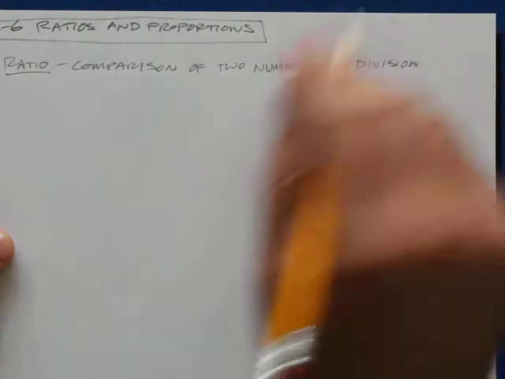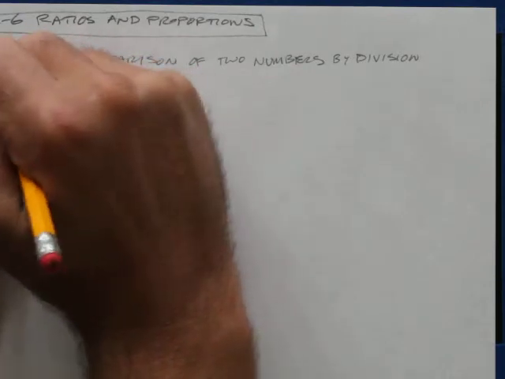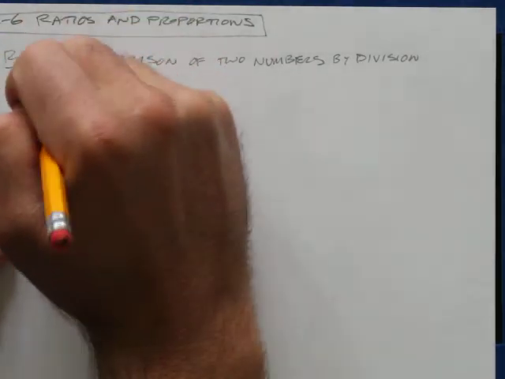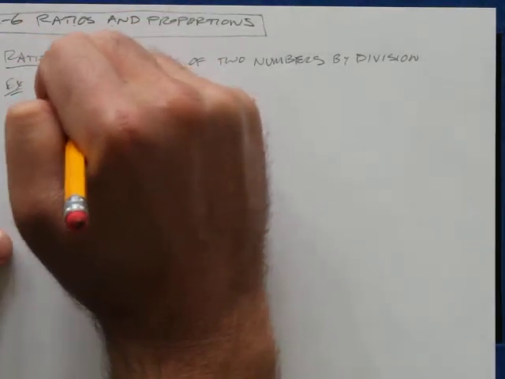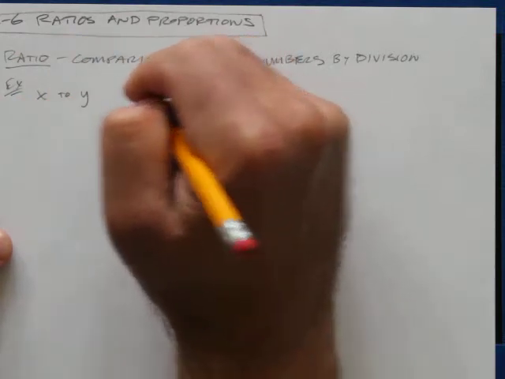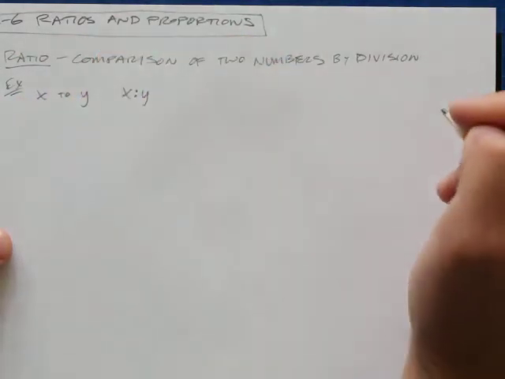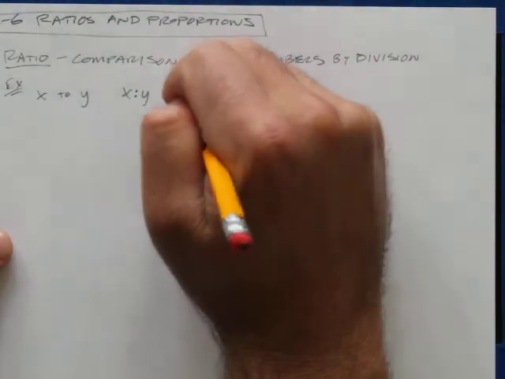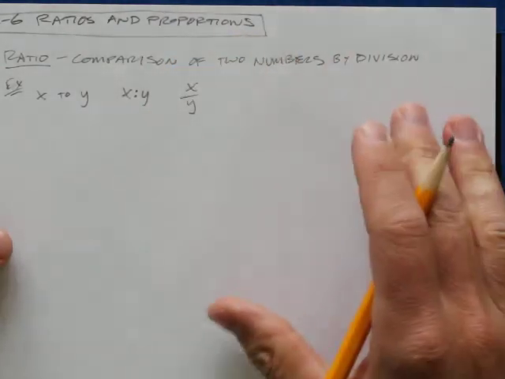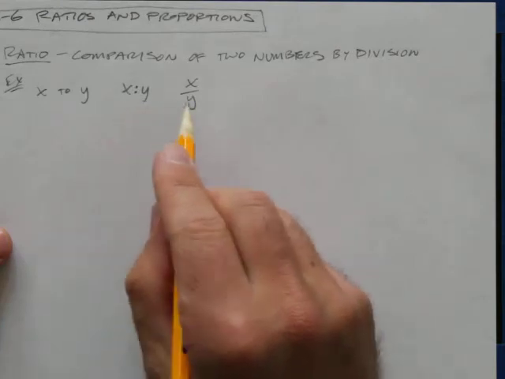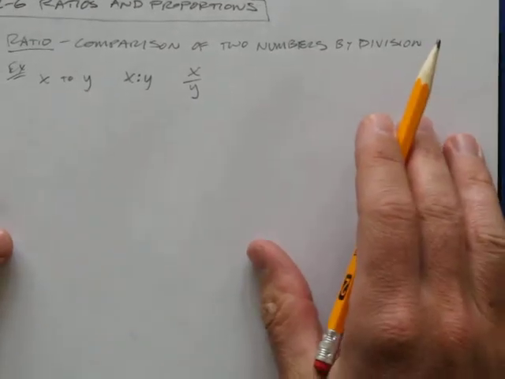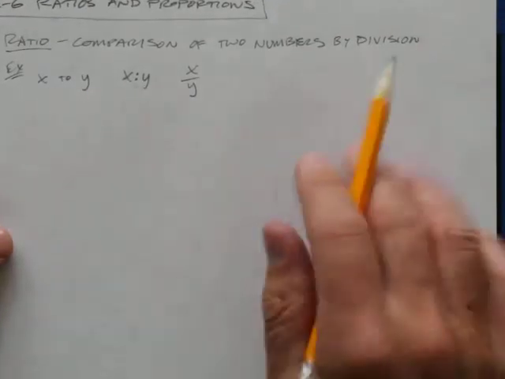So what does this look like? It could look like x to y, or it could look like x over y. These are all different ways to say the same thing, a ratio of x to y.